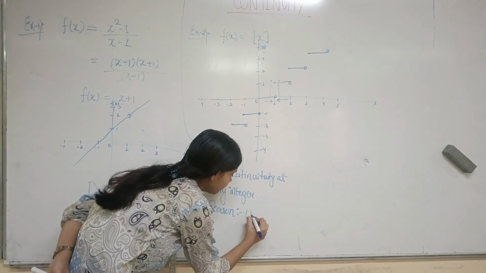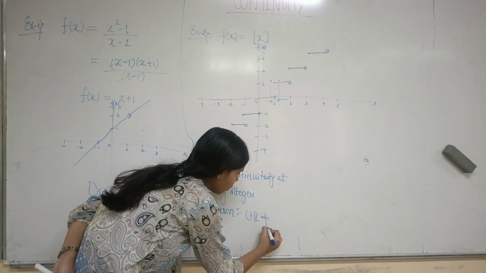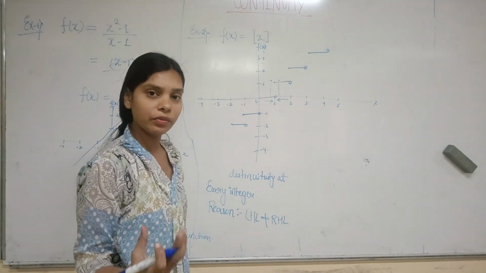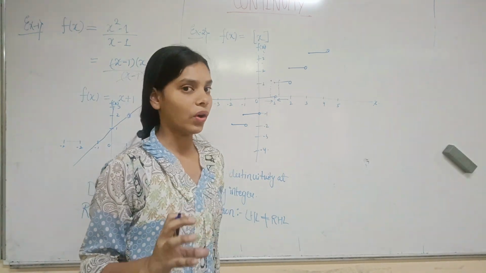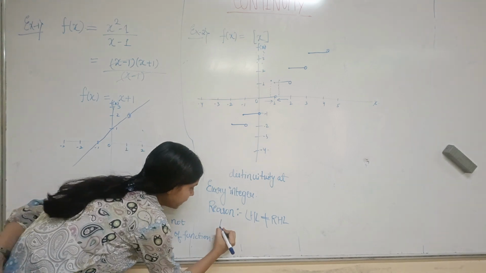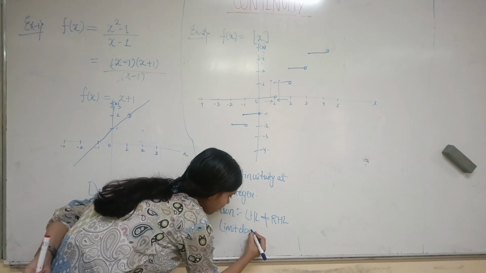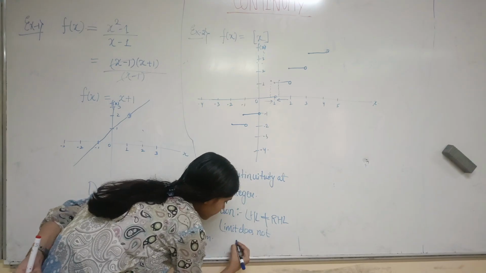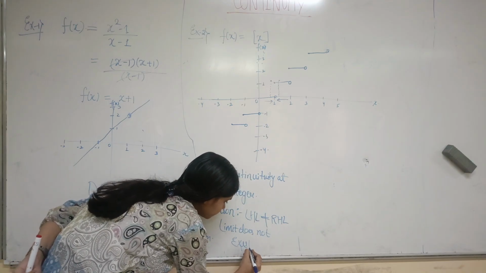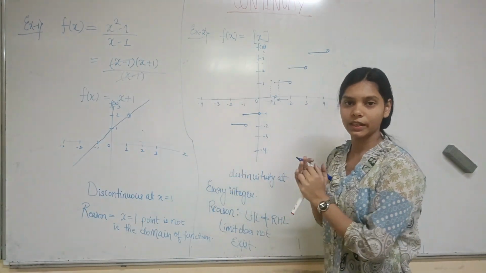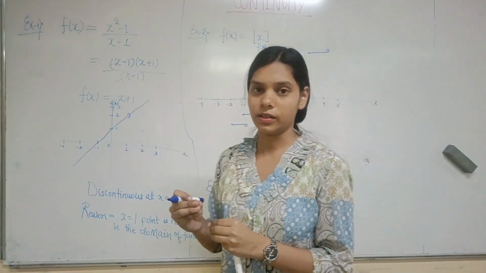Left hand limit is not equal to right hand limit, and if this condition occurs, then we can say that the limit does not exist, right? Limit does not exist. This is the second reason why the discontinuity occurs.